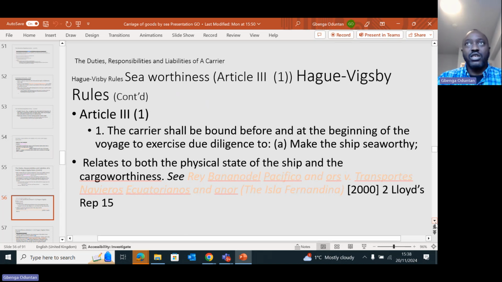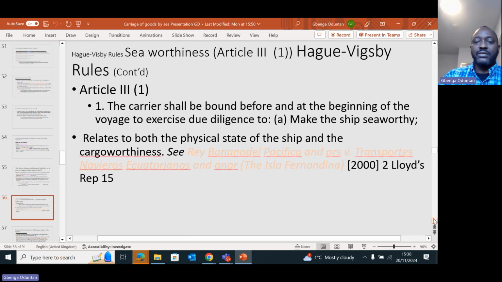It has to be a ship that is durable, that is robust, and can handle the normal perils of the sea. So Article 3, paragraph 1 of the Hague-Visby rules says that the carrier shall be bound before and at the beginning of the voyage to exercise due diligence to make the ship seaworthy.